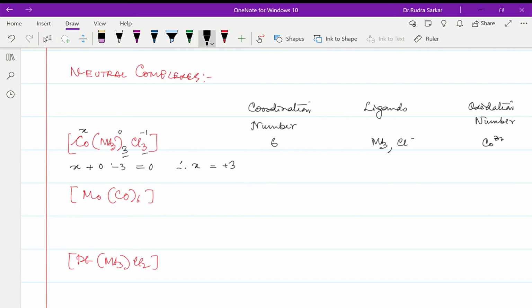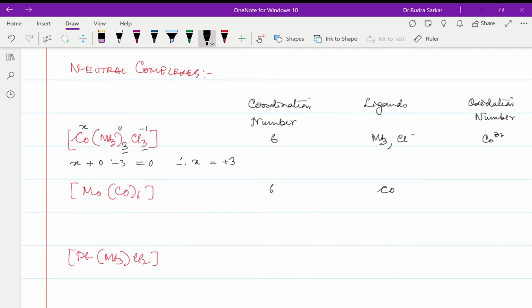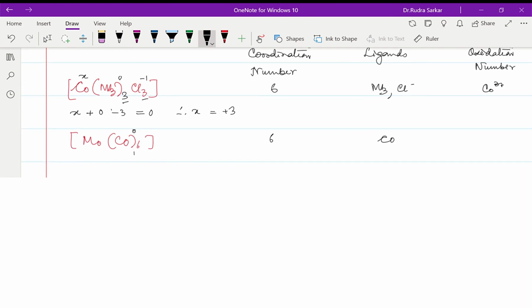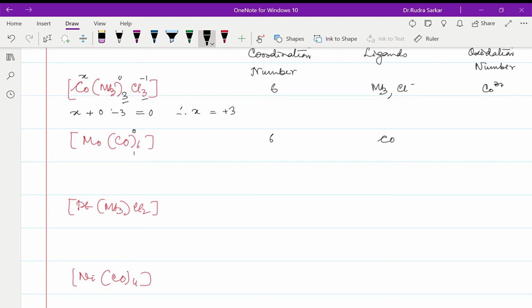Okay. Next, here 6 CO, and CO is 0. If this oxidation state is 0, then Mo is in 0 oxidation state. Please go ahead for the next one.